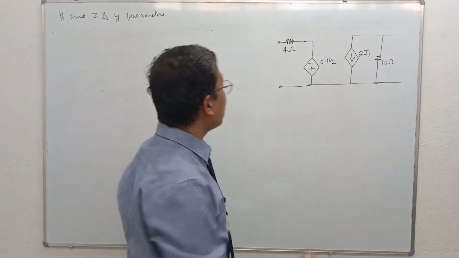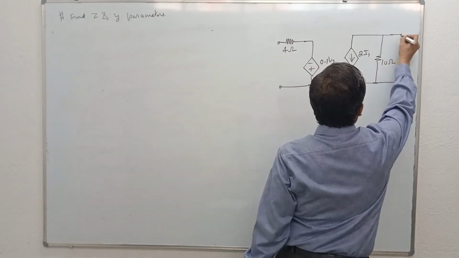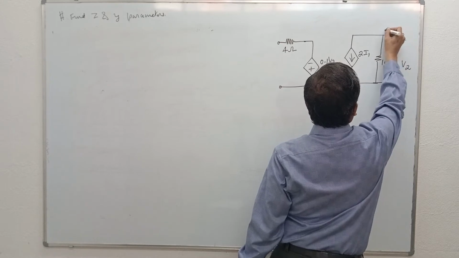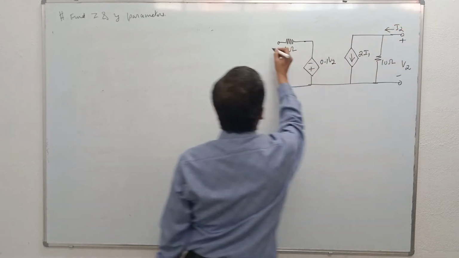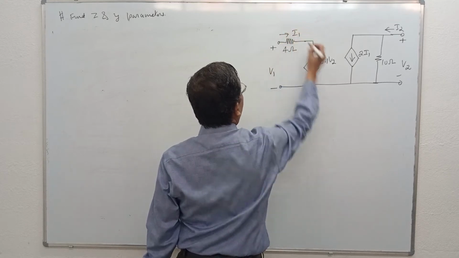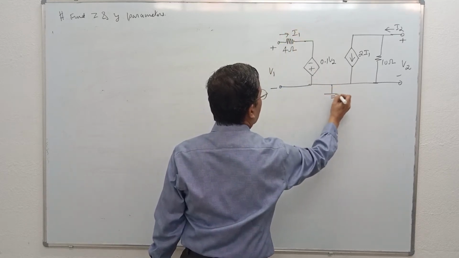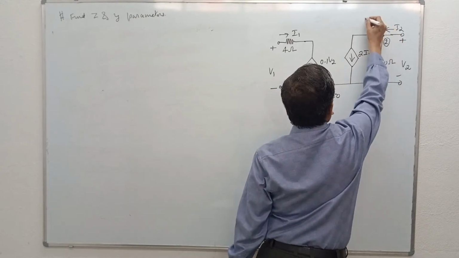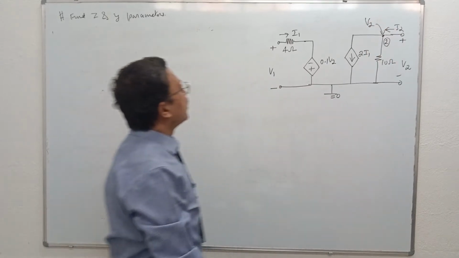This is the network. This is the reference node. This is node number 2. Potential of node number 2 is V2. This is the problem.